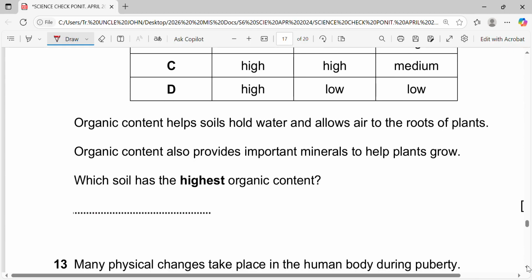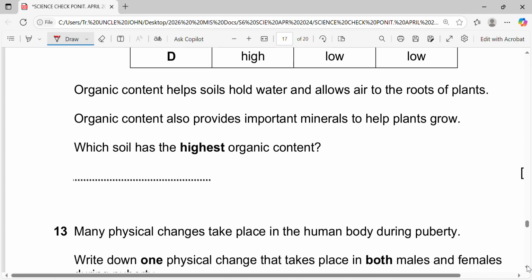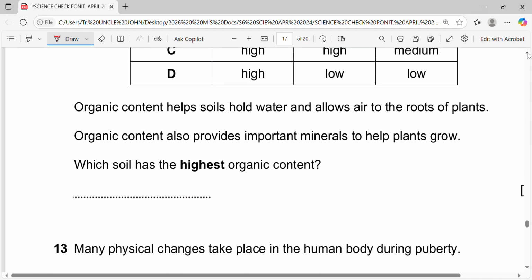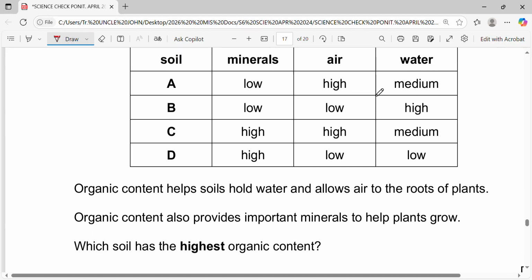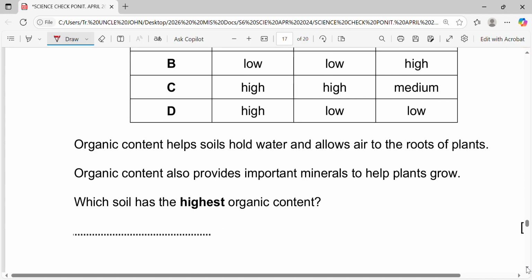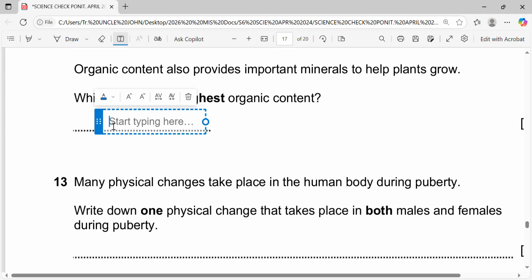Which soil has the highest organic content? Let's go back and check. So I prefer C. C is the one with the highest organic content.